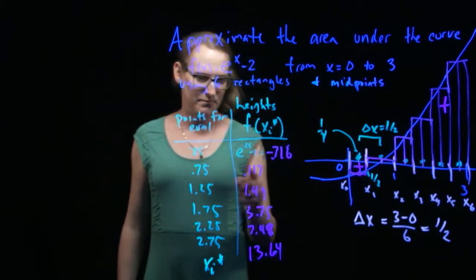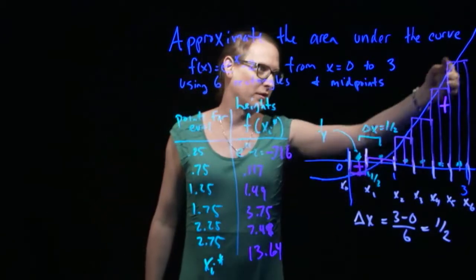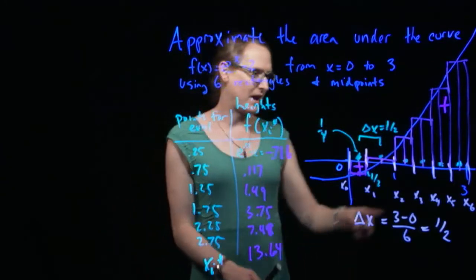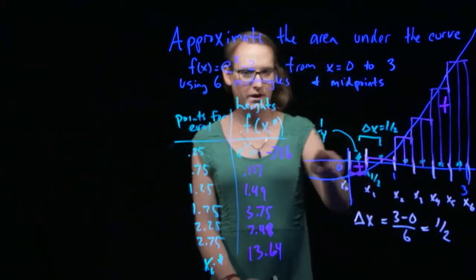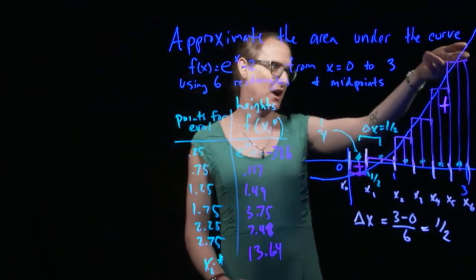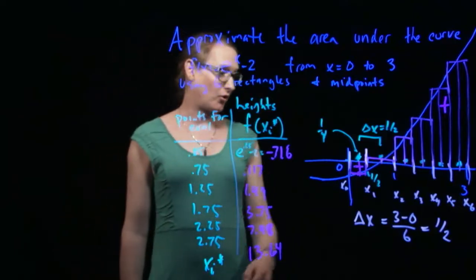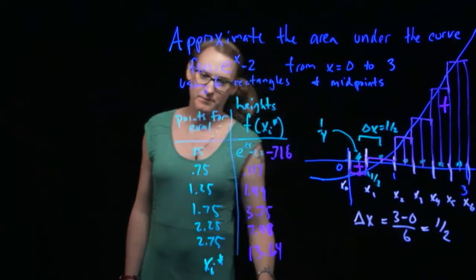So I have the height of each one of these things, where this value here, the green point, is x sub i star. The height is f of x sub i star. So these are the heights. They're all of width a half.